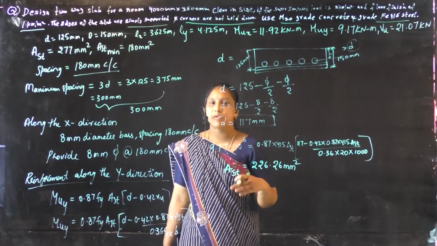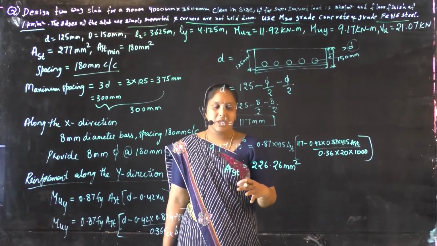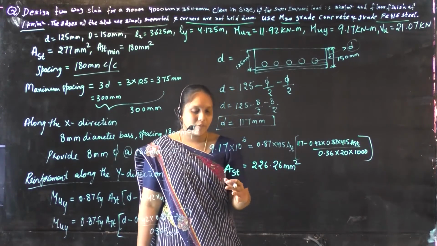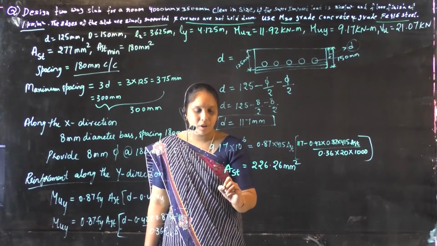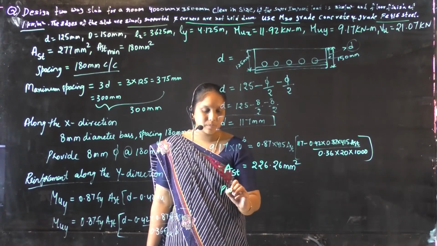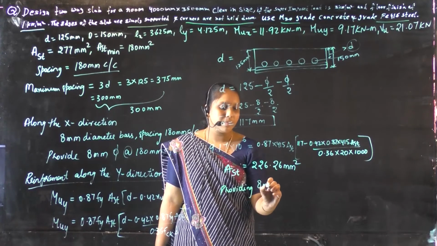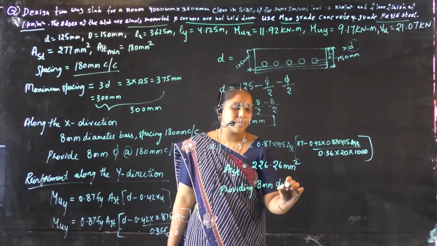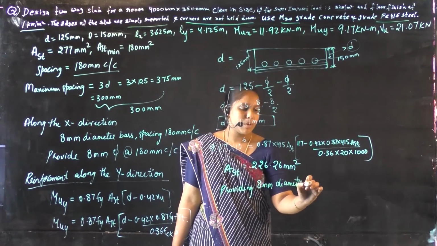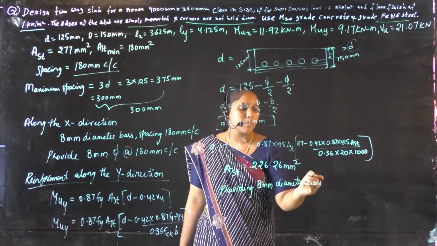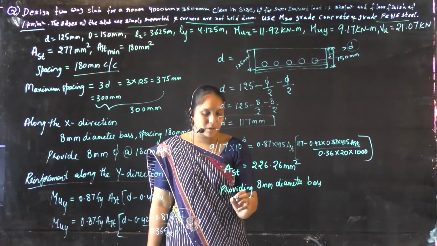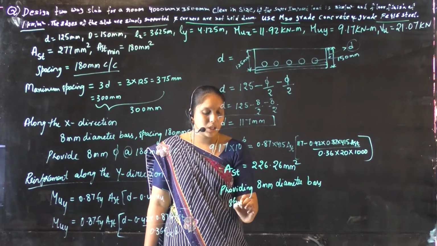So next what we have to do, we have to find out the spacing. So for finding out the spacing, I am providing 8 mm diameter bars. So here what I have provided 8 mm, so here also I am providing 8 mm diameter bars, and I am finding out the spacing.